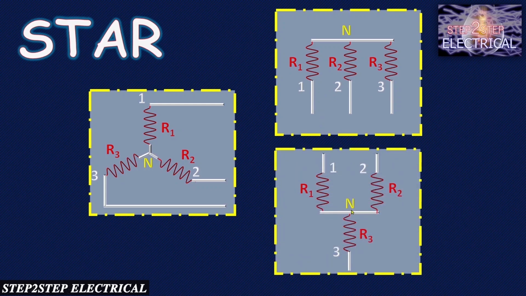Again here, one ends are connected at common point N, but all other ends are connected at different separate terminals. So these figures all represent the star arrangement of resistors. Don't be confused, it is just an introduction to the star configuration of circuits.